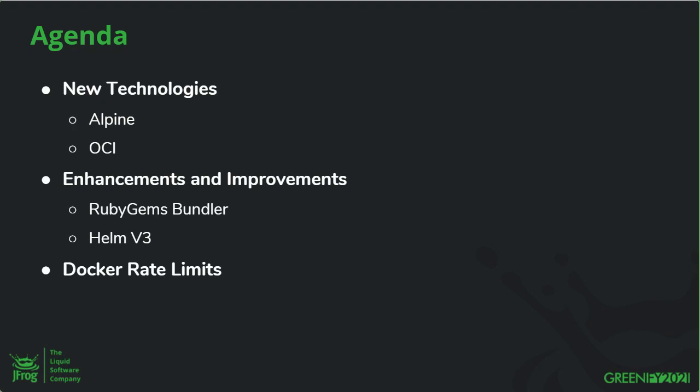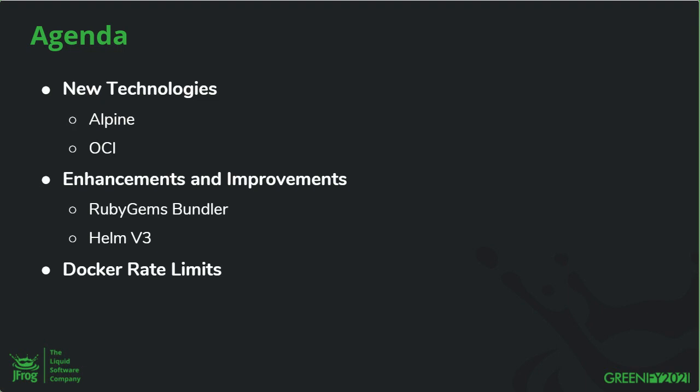Then I will briefly touch on some improvements we made in Helm v3 and RubyGems repositories that are, of course, for a long while already supported. And lastly, I'll touch briefly on the latest Docker changes with regards to the new rate limits.